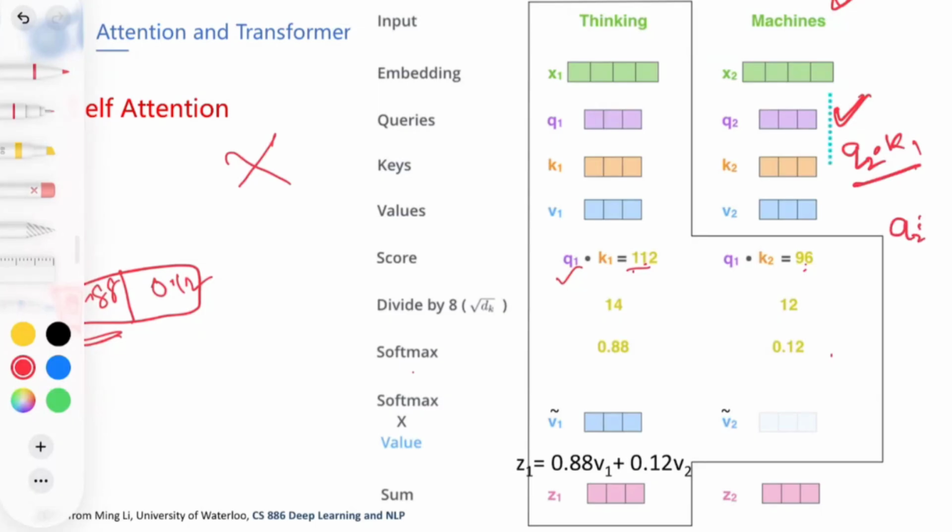Then Q2 into K2. Okay. So this will give you the attention value for the thinking part, and this will give you the attention value for the machine part. And then we are going to refine the vector of this machine with the help of these attention values, just like what we have done here. And here, if you do it, you will get Z2.